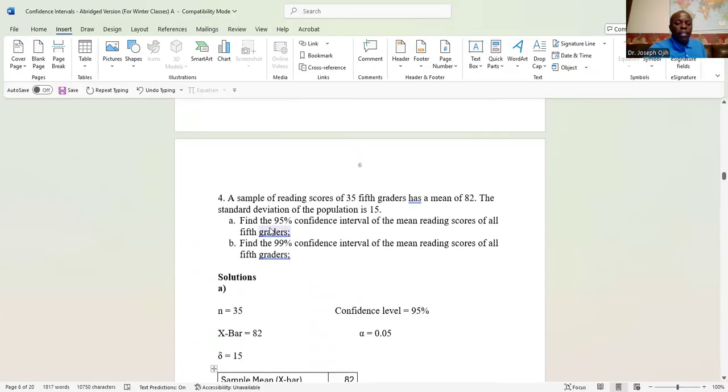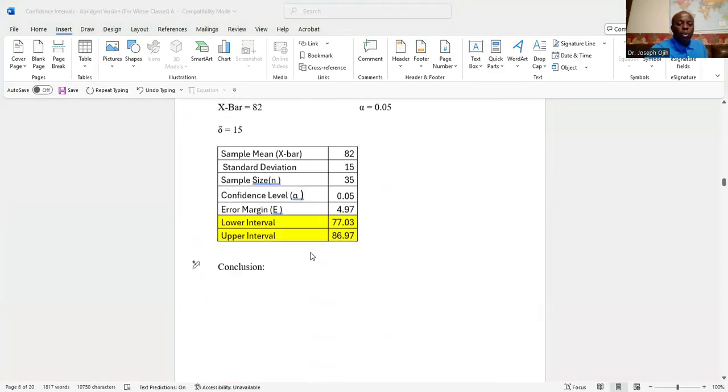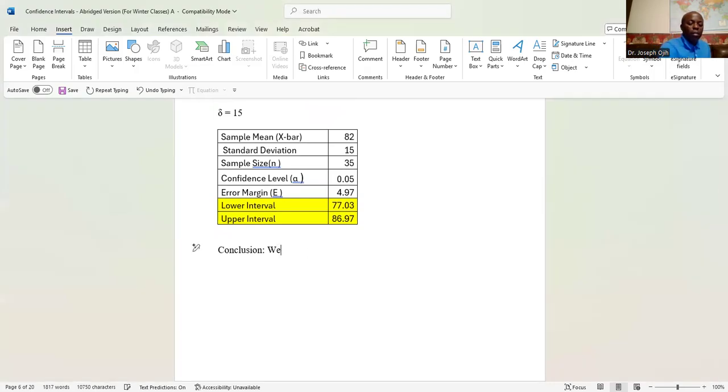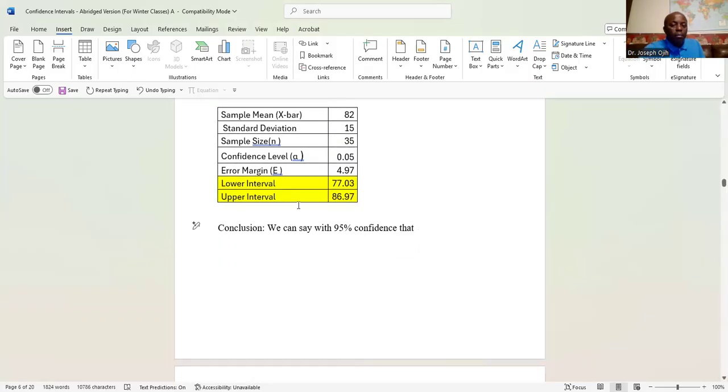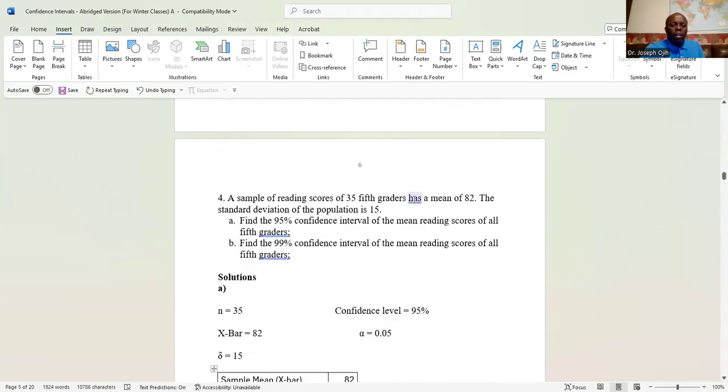Because they want us to find the 95% confidence interval for the true mean reading scores. So that means we can say with 95% confidence that, proceed, find the 95% confidence interval of the mean scores.